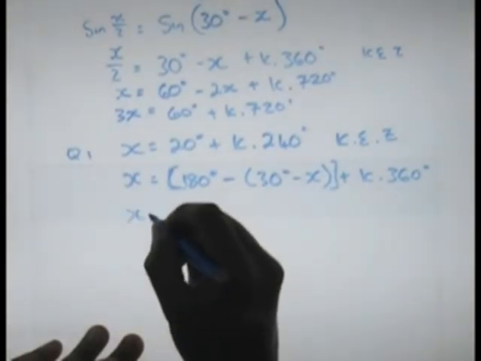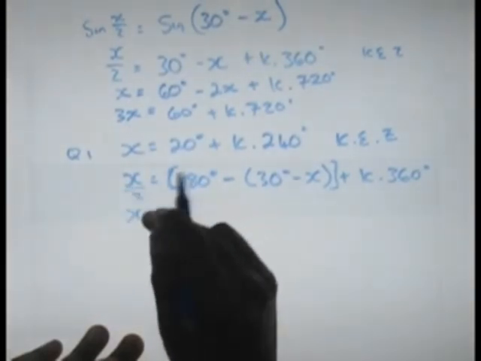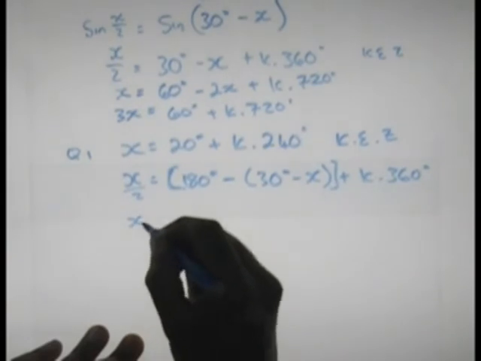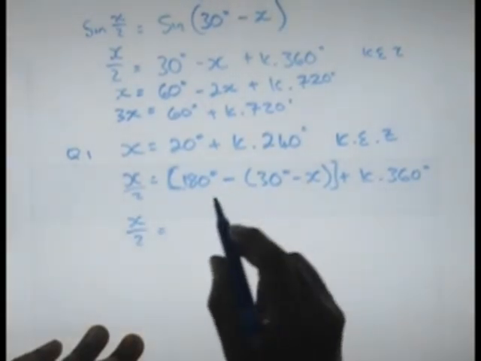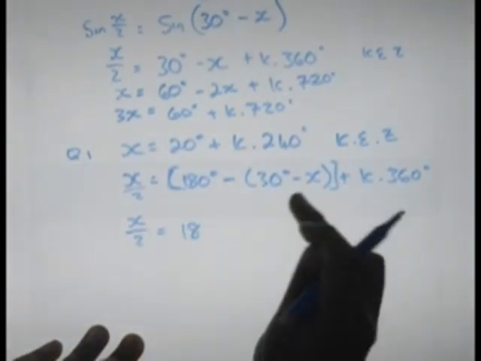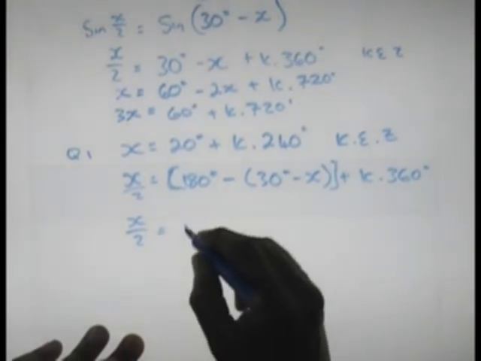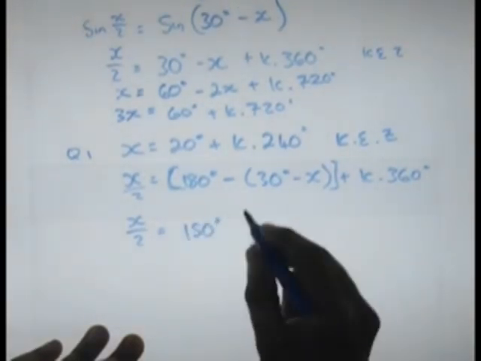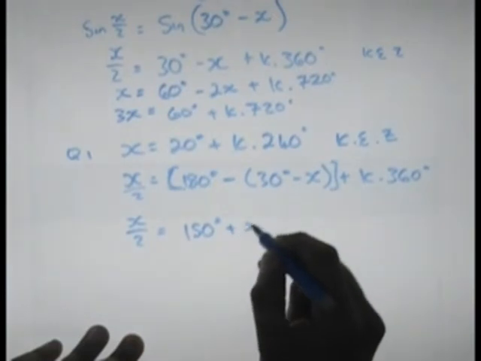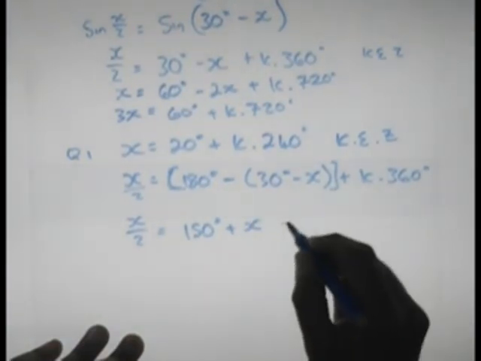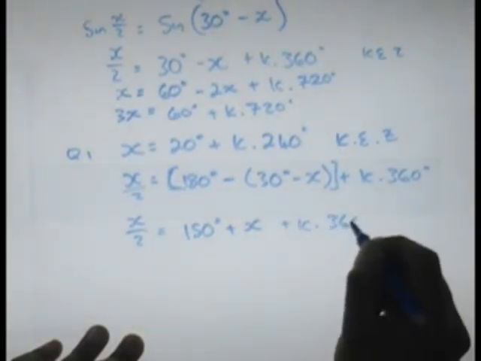That means that that's x over 2. That means that x over 2 is equal to 180 degrees minus 30 is equal to 150 degrees. Minus times a minus is plus x plus k times 360.